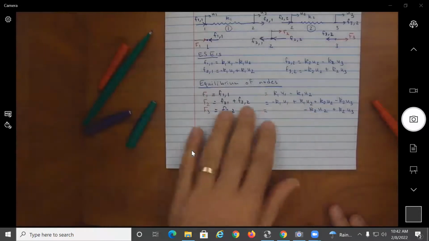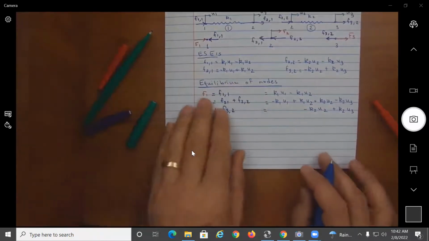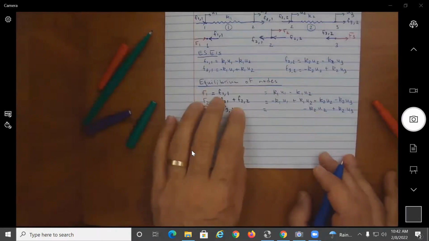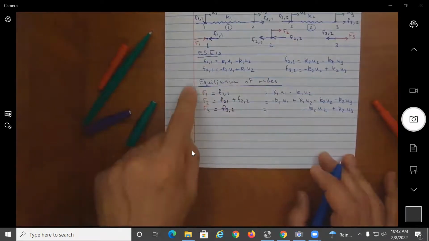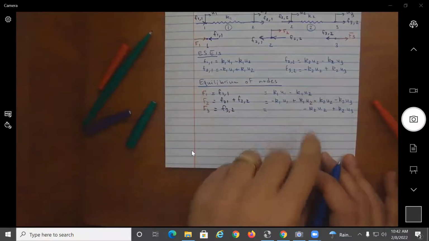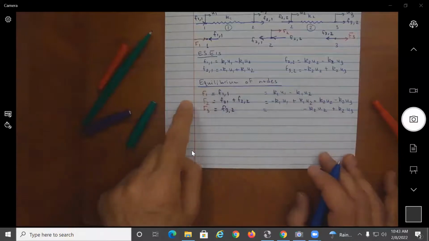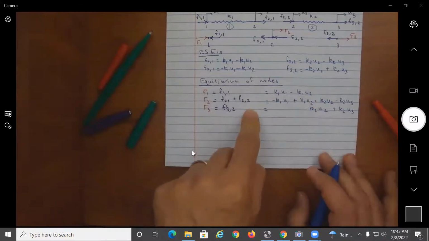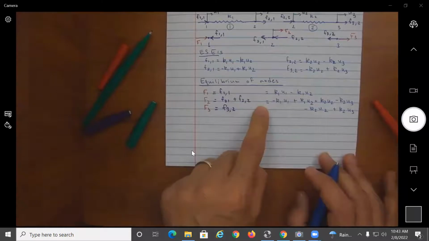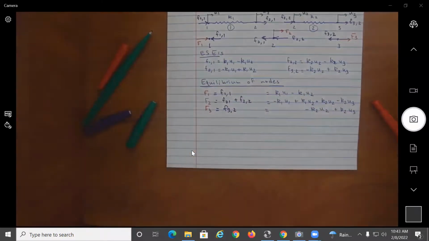I can write these three equations in matrix form. By the way, these equations that relate the uppercase F's, the behavior, to the displacement, the action, are known as the global or the structure equations. These are algebraic equations.